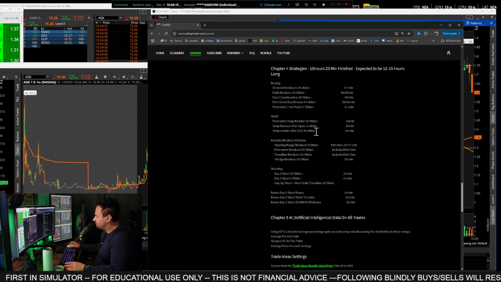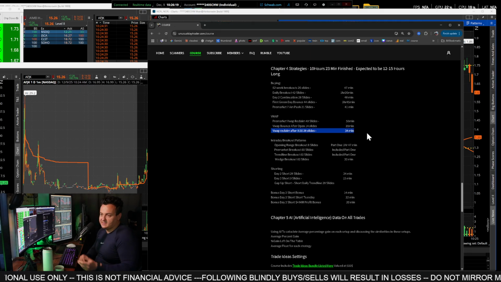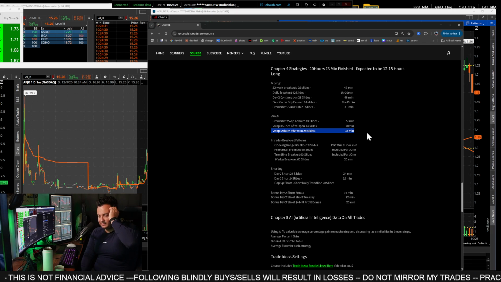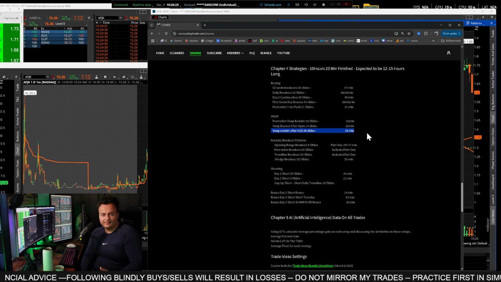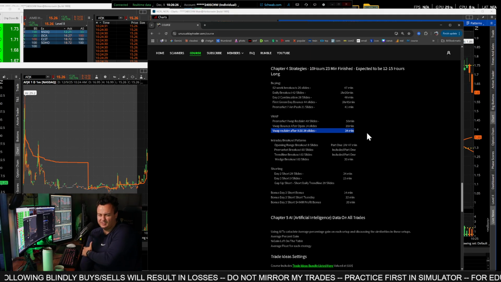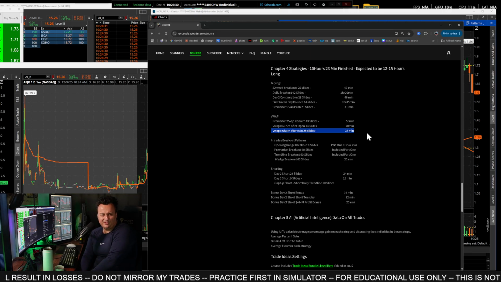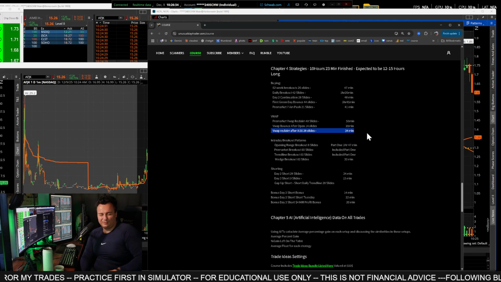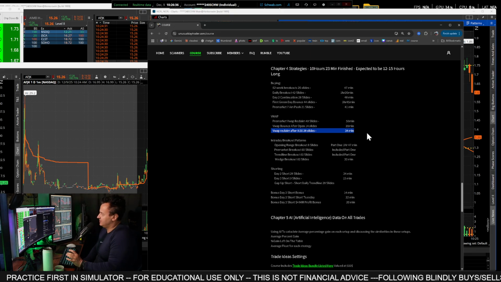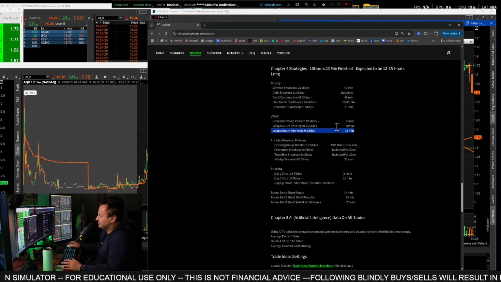Then I went into the VWAP reclaim after 9:30 setup, and I recognized that in the VWAP reclaim chapter, 70% of the tickers had news. It had a micro float, a clean chart, a big candle, and no resistance. So it comes down to the little details here.